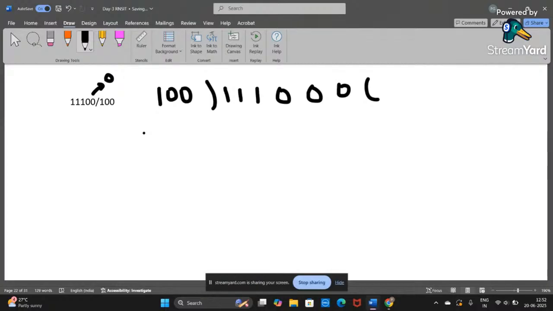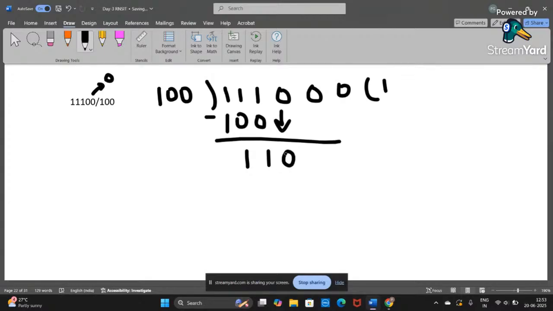Now let us divide this. So 100 into 1 0, so it is the same 100. Divide this. We have to subtract same as what we do for decimal numbers. 1 minus 0, it is 1. 1 minus 0, it is 1. 1 minus 1, it is 0. Don't take that number, just leave it as it is. And 0 will carry to here.